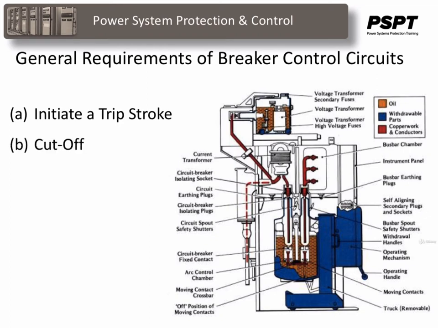Cutoff is a means of automatically disconnecting the trip coil once a trip signal is sent. Primarily because you don't want to keep the trip coil energized because it could heat up and burn out, but also a lot of automatic things could happen once a trip signal is sent.